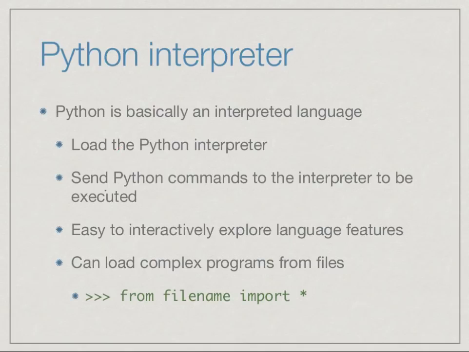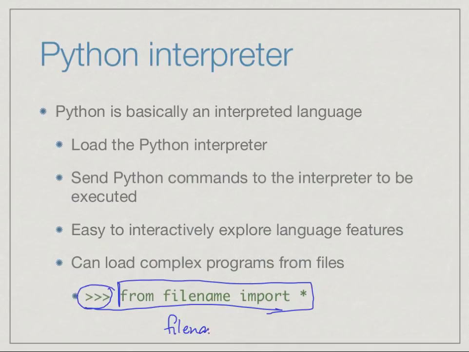What I've shown below in green, as we will see in a minute, is the prompt that the interpreter shows you. When you enter the interpreter, it will ask you to execute a command. And this is a command that you provide the interpreter. I have a file called, say, filename.py, typically, to indicate it's a Python program.